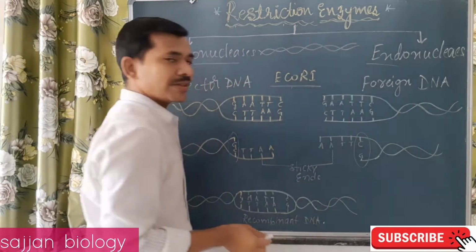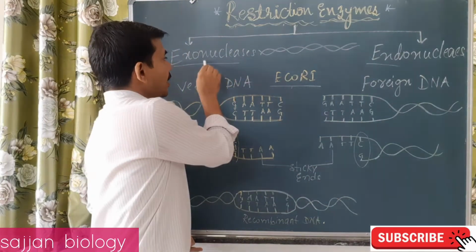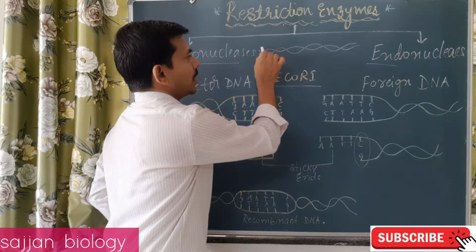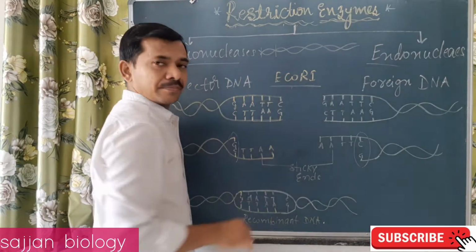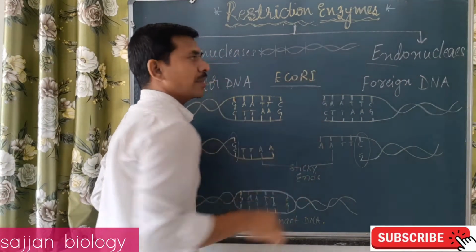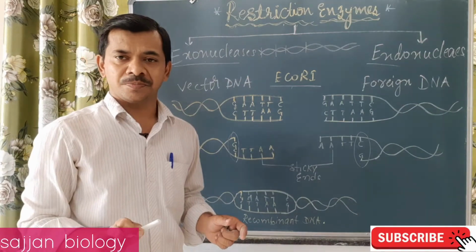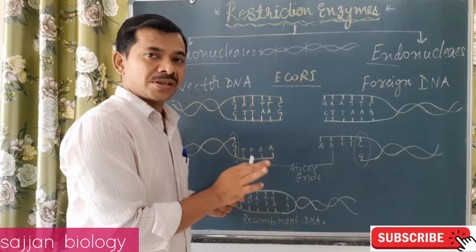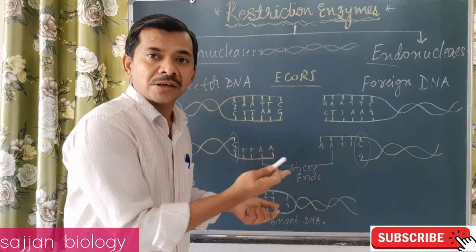Exonucleases cleave at the end of the DNA, whereas endonucleases cleave in between the DNA.